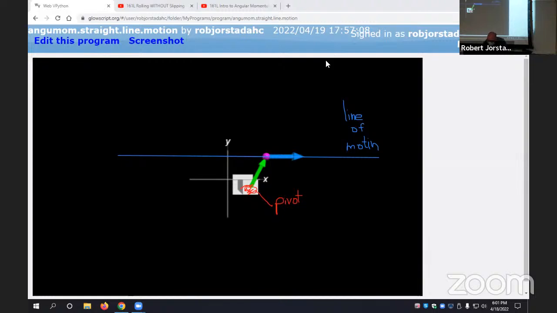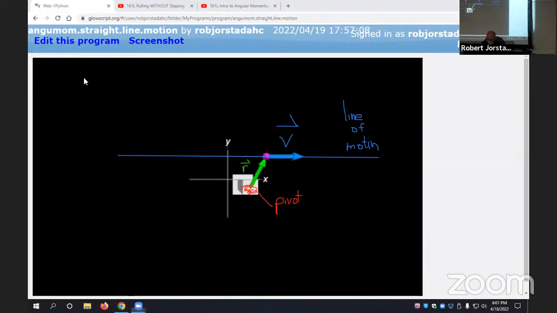And what we see here, this is the velocity of the ball. And this is called the R vector. Notice it's from the pivot to the object. It's very similar to torque, only instead of force, we're using something that relates to velocity here.